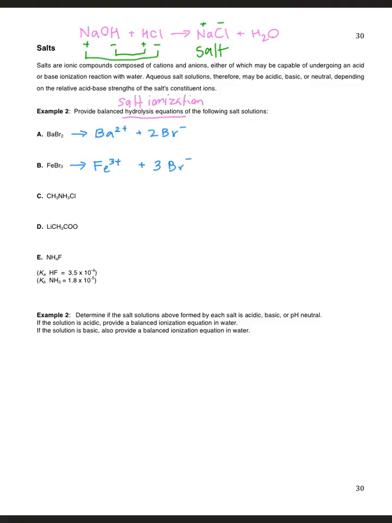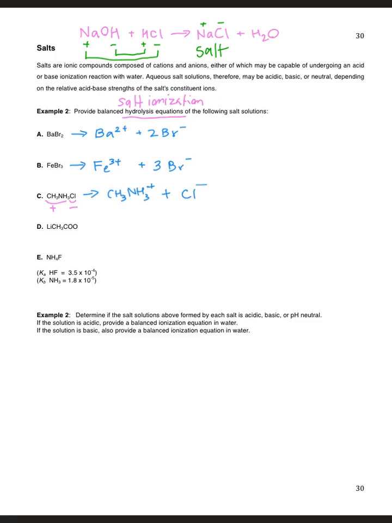Next salt, when you do dissociation, you need to first find the cation and anion. In this case, the anion that we know for sure is the chloride ion. So that means the rest of these is the cation. So the dissociation product for this would be... Do the same thing for the next salt.